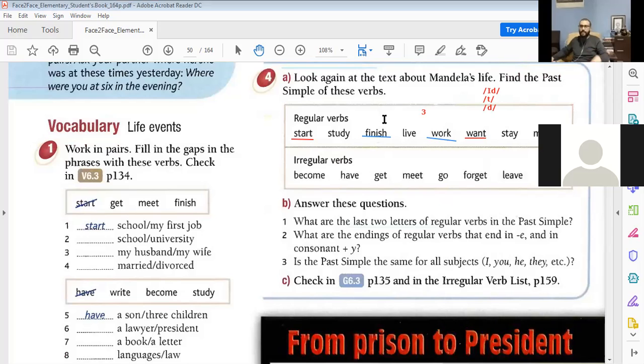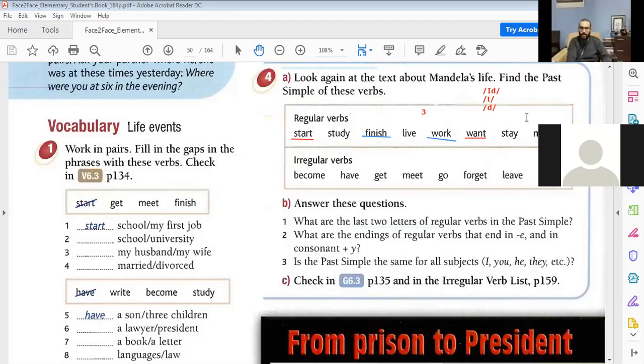But in this exercise, we only focused on the id. In the book here, they want you only to focus on the id. The verbs that end with T or D. Only these verbs end with id. Correct.